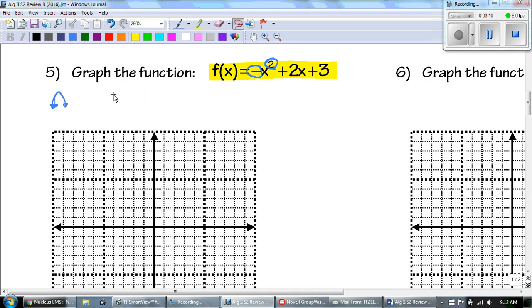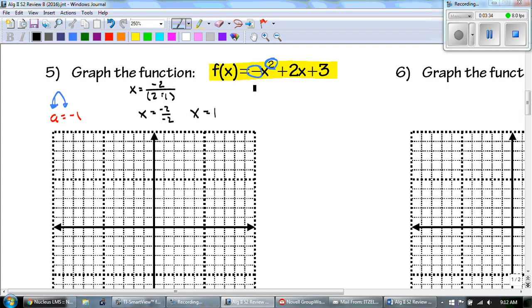Not only does it go down, I need to know the pattern real quick, and that pattern is negative 1. So we need to find the vertex, so we take the opposite of B over 2A, and A is negative 1. So we get negative 2 over negative 2, and when you divide that, we get a positive 1.